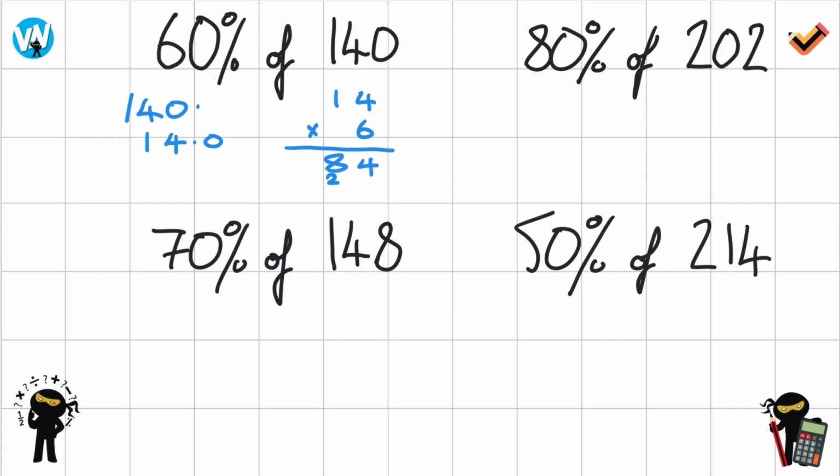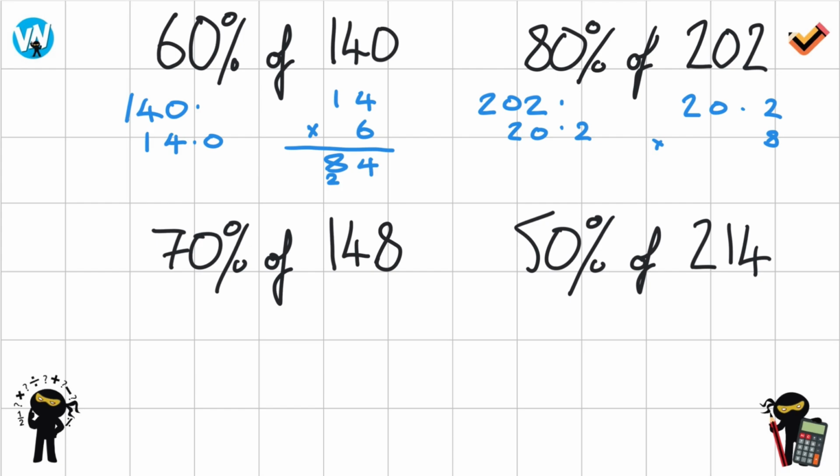Again, 80% of 202. This one's going to be a little bit more complex because I'm going to end up with a decimal number. And this is probably unlikely as a SATs question because of the complexity. So we've got 20.2 as 10%. Now I need to times that by 8. So I've got 20.2 times 8.